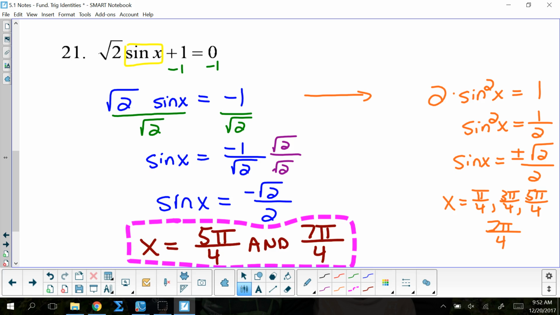So that yellow box has to be negative. So these two would have to get kicked out because those give me a positive sine value. If you don't kick out those two, you're wrong.